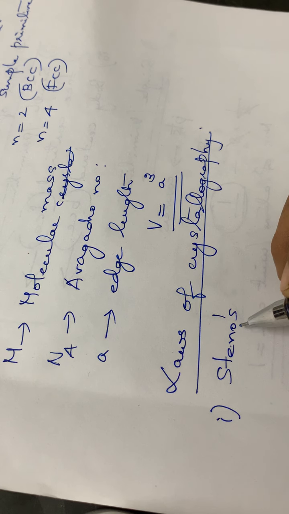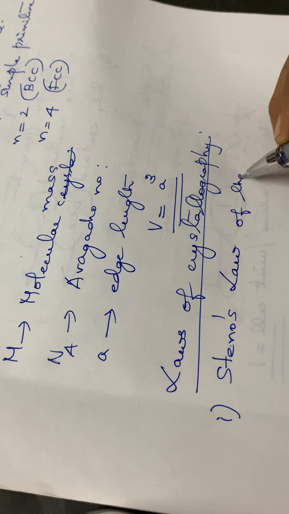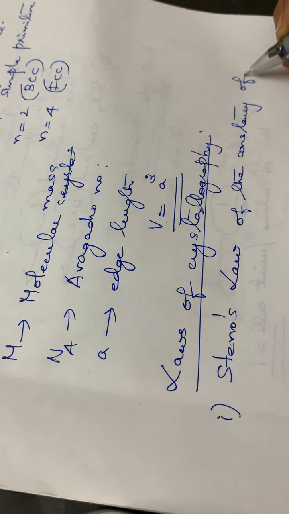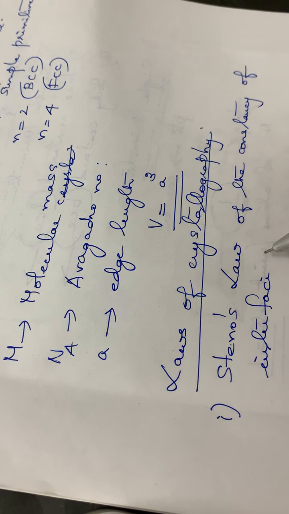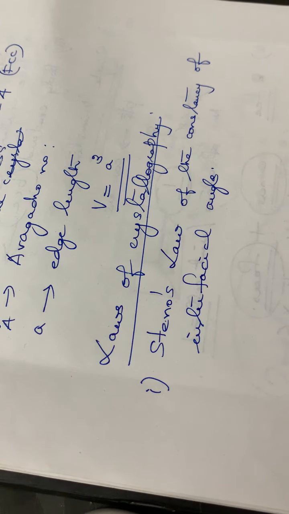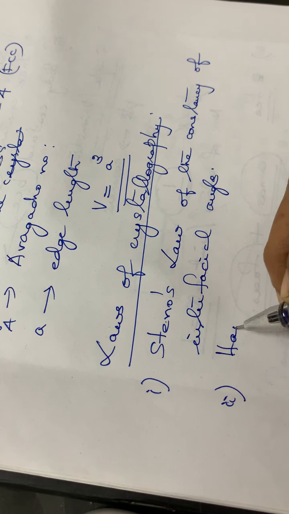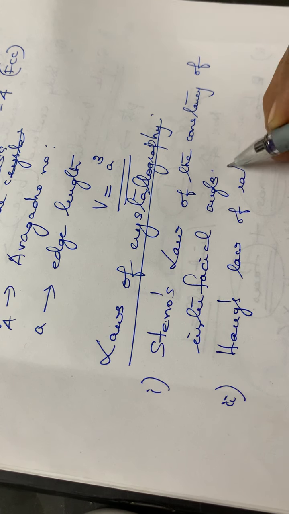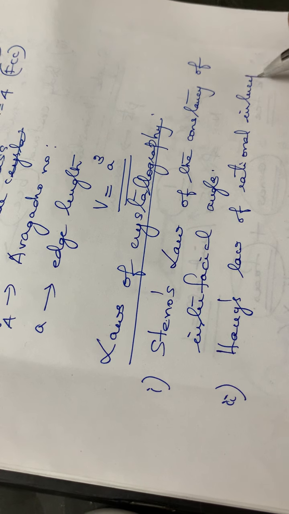Steno, S-T-E-N-O. Then the second one is the Haüy's law, spelled H-A-U-Y, Haüy's law of rational intercepts. That is the second law.